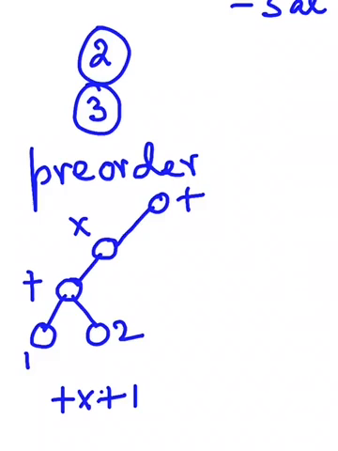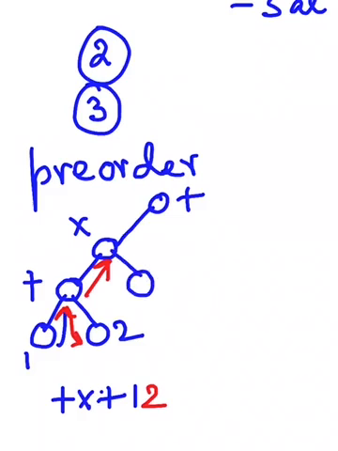So we come back to this node, and then go down to this node, and we print the number 2, and then we have nowhere to go any further, so we come back to this node and explore the right subtree of this node.